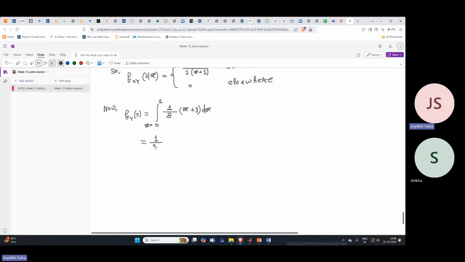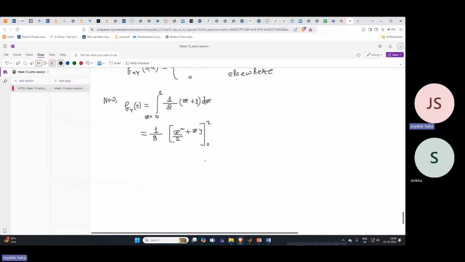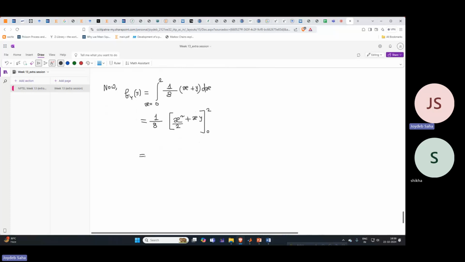This is simply 1 upon 8 x square upon 2 plus xy, 0 to 2. 1 upon 8, so we will get 2 plus 2y minus 0.